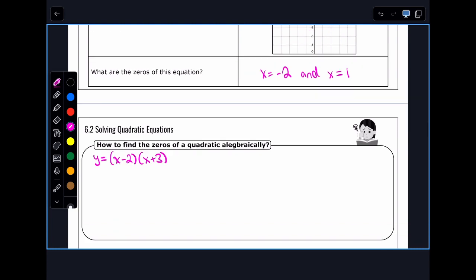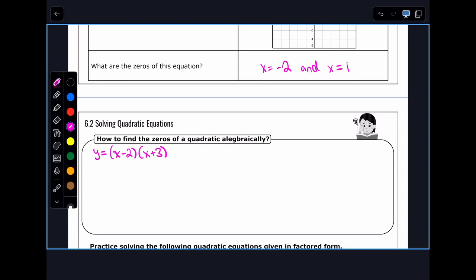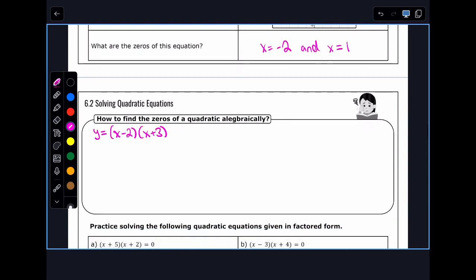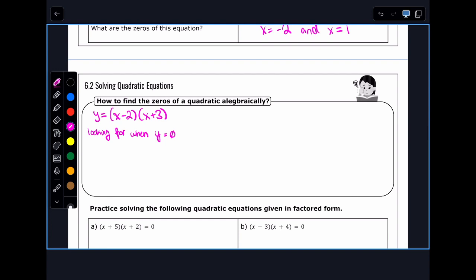So when we're looking for zeros, we're looking for when y is 0. So algebraically, when I'm looking for the zeros, I'm going to set y equal to 0.